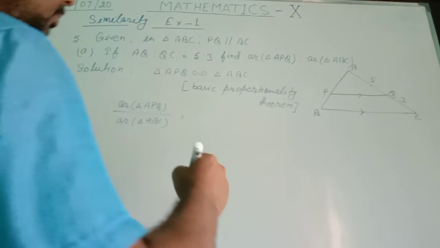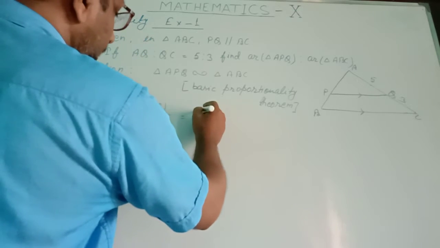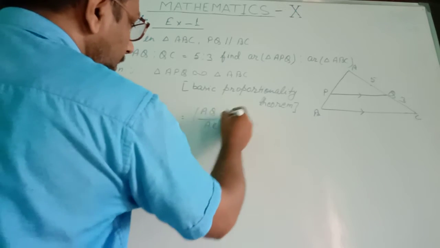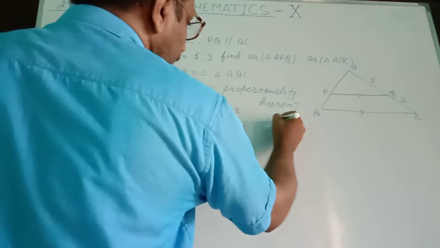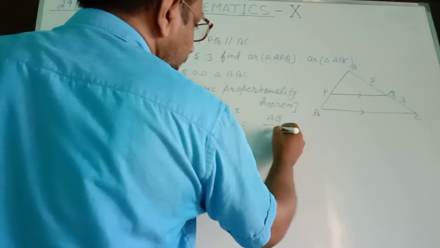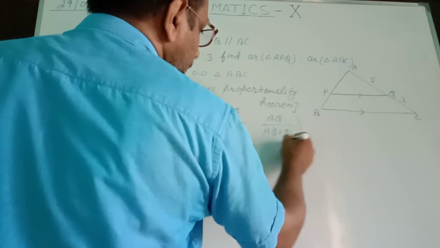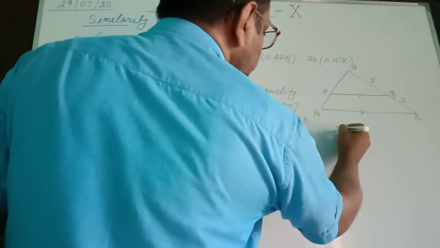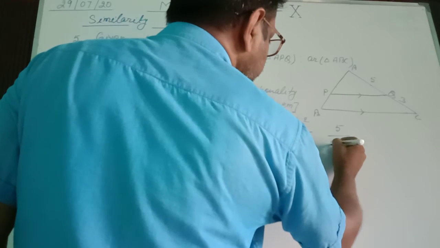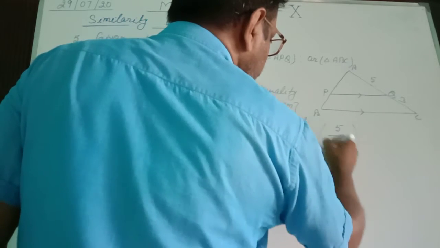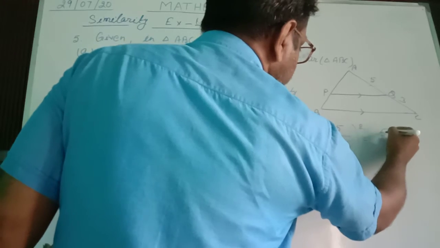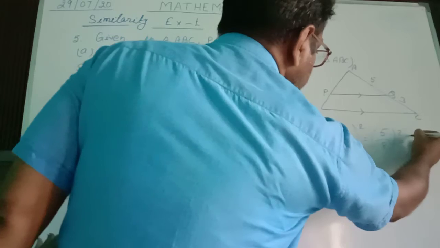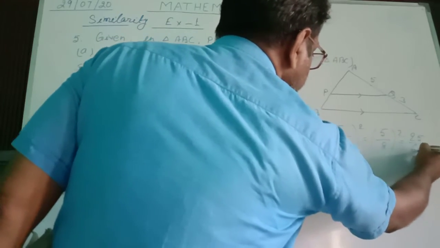Okay, so now you write what was asked to find: area of triangle APQ by area of triangle ABC equal to square of their corresponding sides, AQ by AC whole square. AQ by AC we can write AQ plus QC whole square, that is equal to 5 by 5 plus 3 whole square, 5 by 8 whole square, that is equal to 25 by 64.